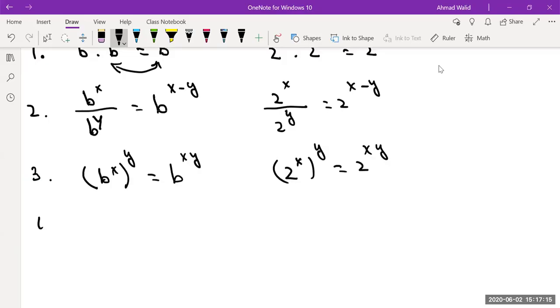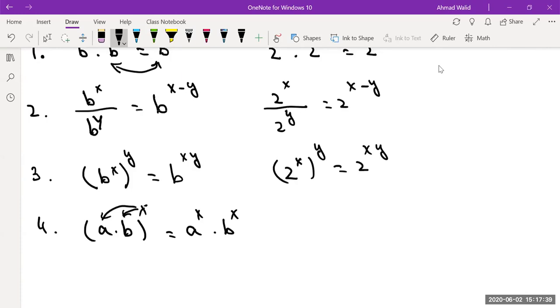Last, number 4. If I have a times b to the power of x, in this case, you are distributing the exponent to both bases, right? It means a to the power of x times b to the power of x. These 4, we call them laws of exponents, right?